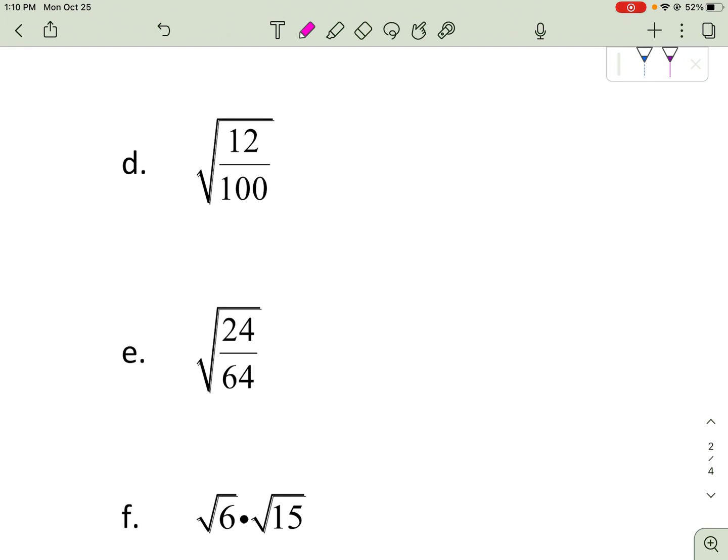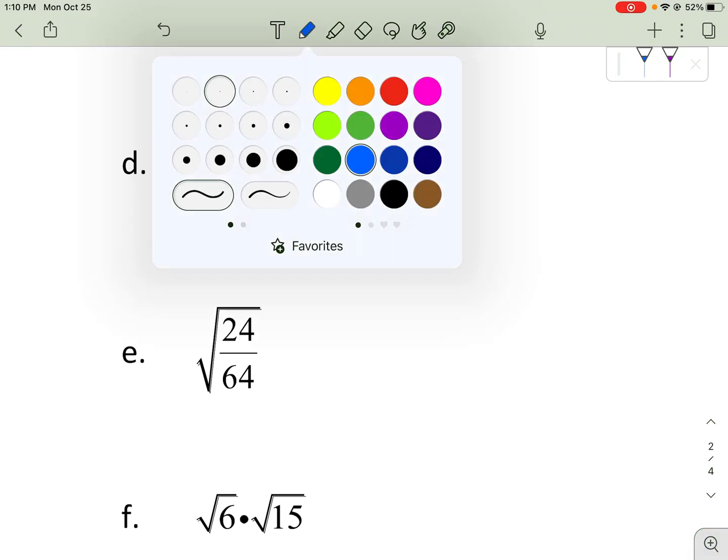On D, you could actually divide these first. That's something we know we can do. We can divide this first and then square root them, or we can square root them and then divide. I'm going to square root and then divide because this is a perfect square, so I don't want to get rid of that. So I'm going to do square root of 12 over square root of 100, which is 10. Then we have to simplify the square root of 12, if possible.